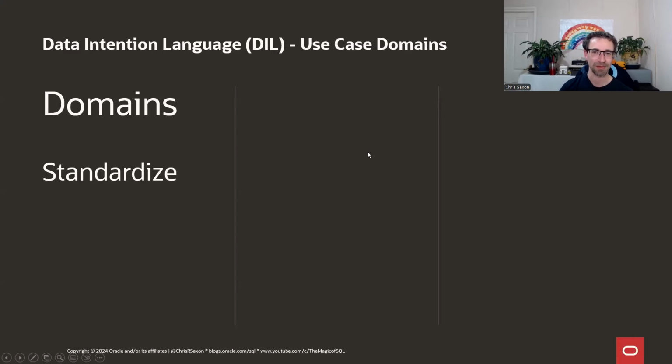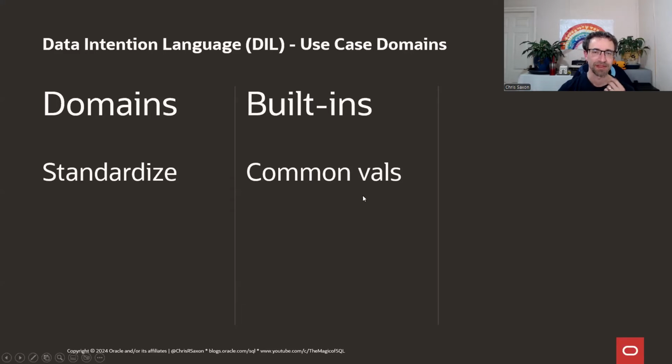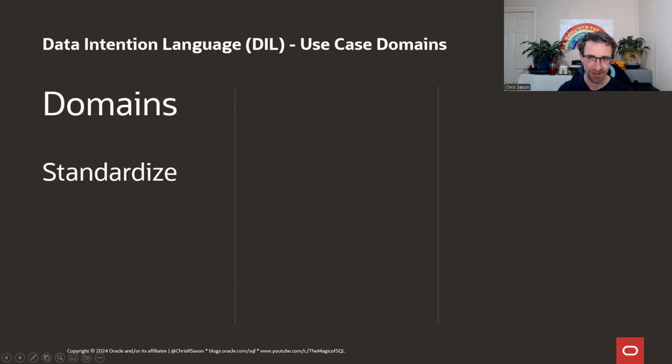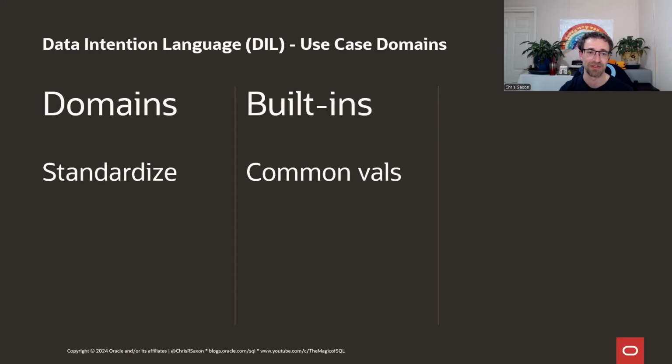So just a quick recap on those. We saw use case domains. Domains are a good way to come up with standard definitions for things like annotations, constraints, and other properties. And these properties, unlike annotations, which are free form and you can do what you want with, domains can actually have properties in the database, like constraints and defaults.